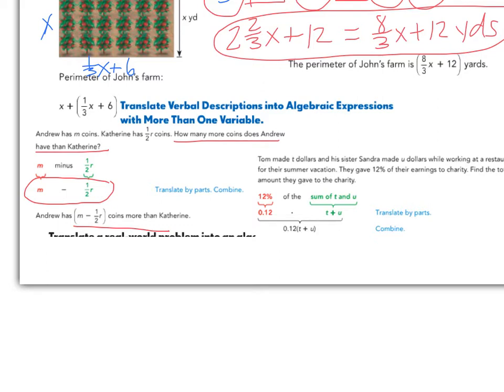Remember, of means multiplication. 12% needs to be written as a decimal, so 12% as a decimal is 0.12. So you're going to do 0.12 times T plus U. So your answer is 0.12, or 12/100ths, times T plus U dollars.